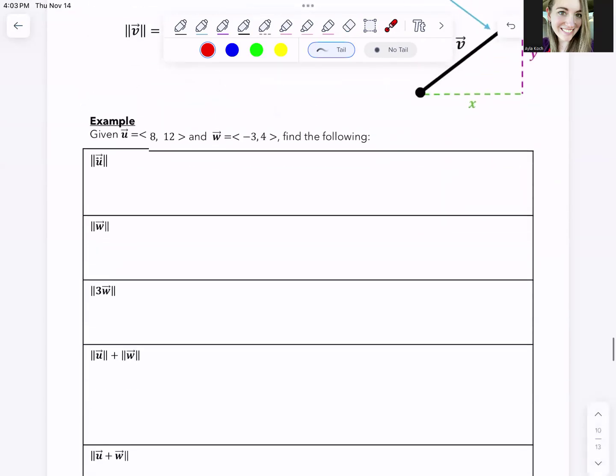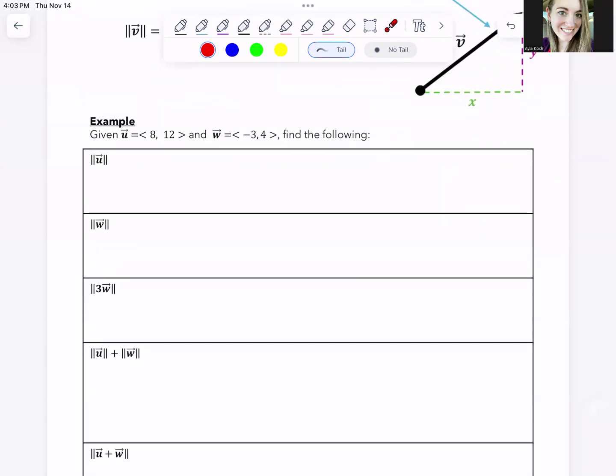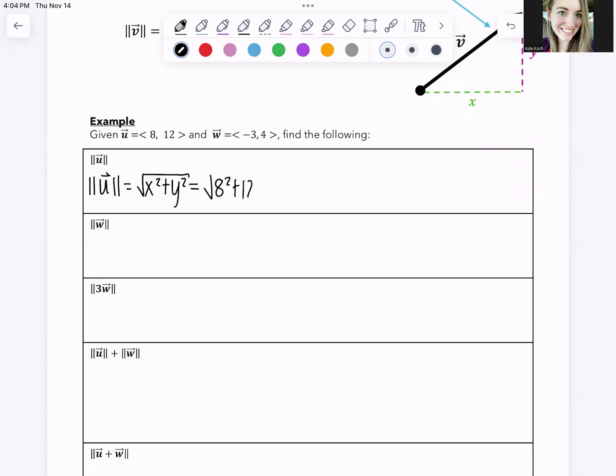So we will do some examples here. We have u equals 8 comma 12, w equals negative 3 comma 4. Find the following. The magnitude of u is equal to the square root of x squared plus y squared. For u, the x component is 8, so 8 squared. The y component is 12, 12 squared.